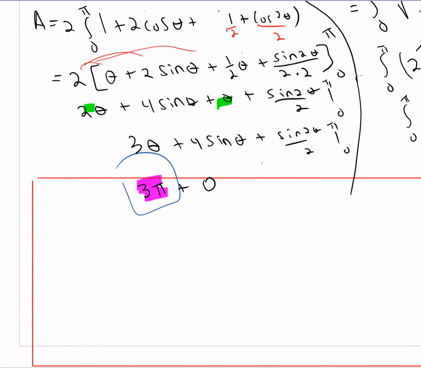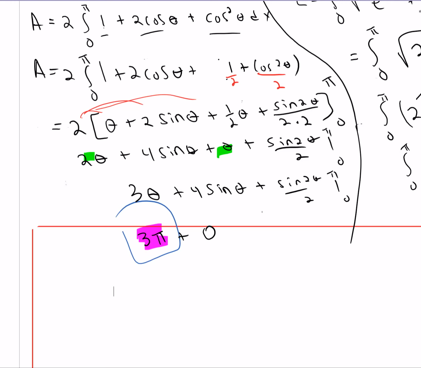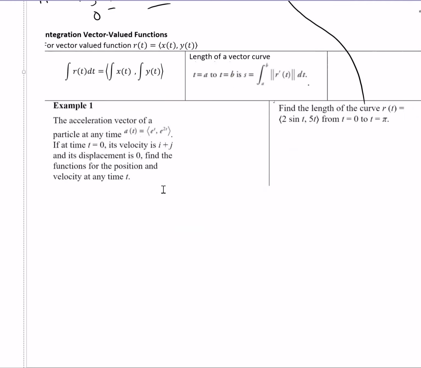Okay, I guess this one wasn't that long, so I can do vector valued functions. Let me just get this set up for vector valued one. Okay, integration of vector valued functions. If I integrate a vector, remember a vector is like the x piece comma the y piece in these like triangular brackets. Basically, I can just integrate the x piece and I can integrate the y piece separately.